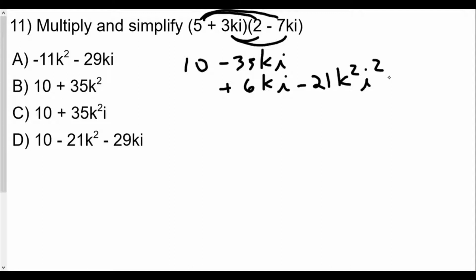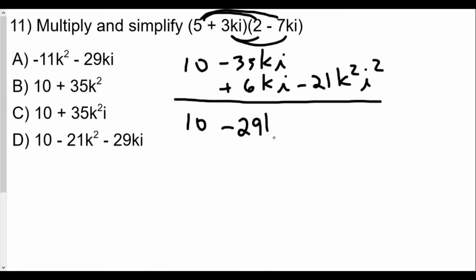And so at this point, we see that we can combine like terms. We get 10. We have negative 35ki plus 6ki, those are like terms. So negative 35 plus 6 is going to be minus 29ki. And we have minus 21k squared, but i squared, we talked about in the last video, is equal to negative 1.